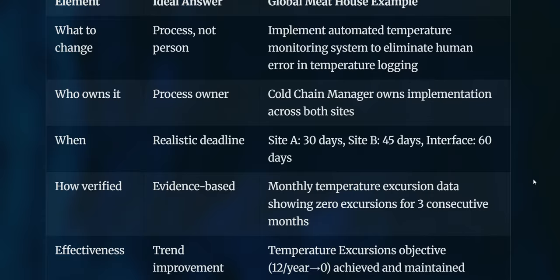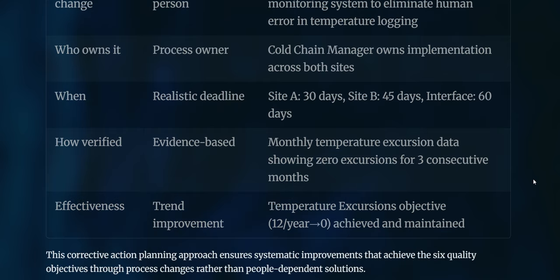The ideal answer for effectiveness is to show trend improvement. In our example, the temperature excursion objective of eliminating 12 excursions per year must be achieved and maintained. This corrective action planning approach ensures systematic improvement that achieves the 6 quality objectives that we have set through process change rather than people-dependent solutions.